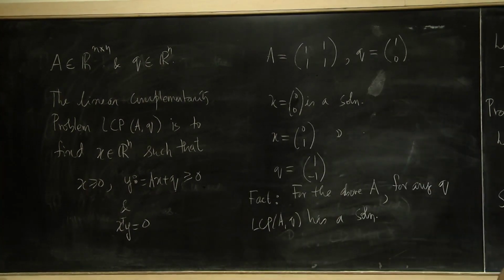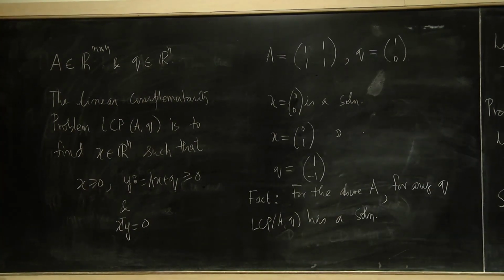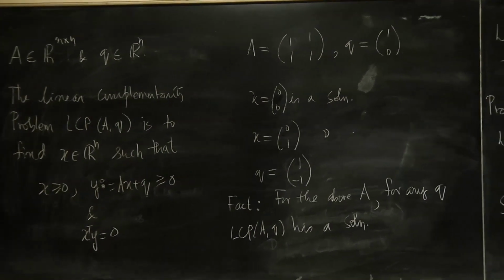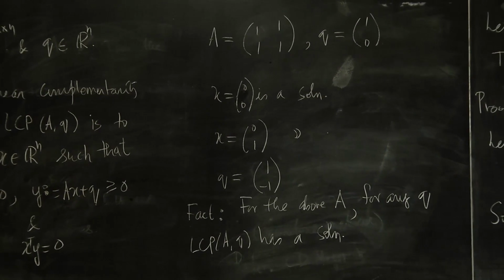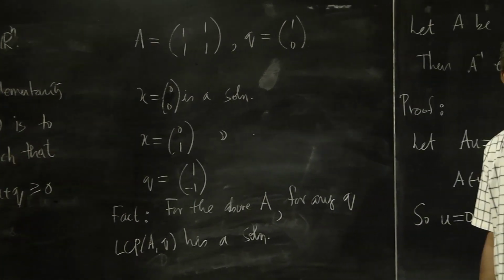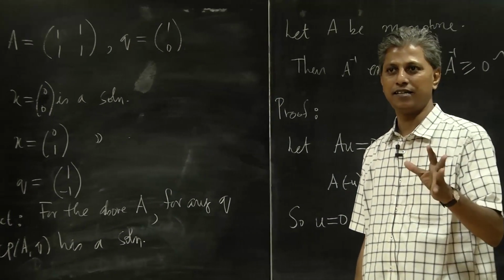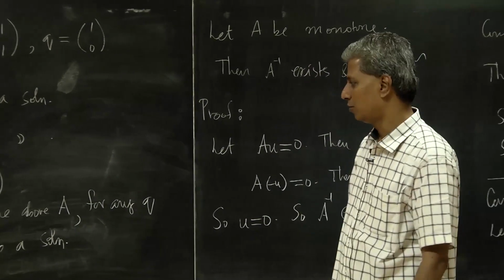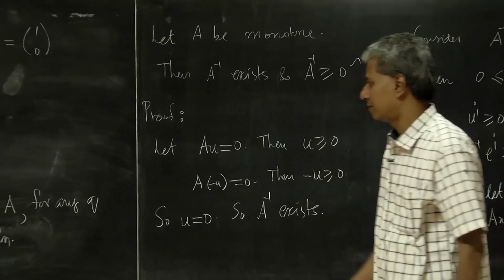Now this is a sweeping statement. For any Q, this problem has a solution for this A. If you make a sweeping statement, then something strong must be in the background. That is the Karamardian theorem. I'll come to that a little later.